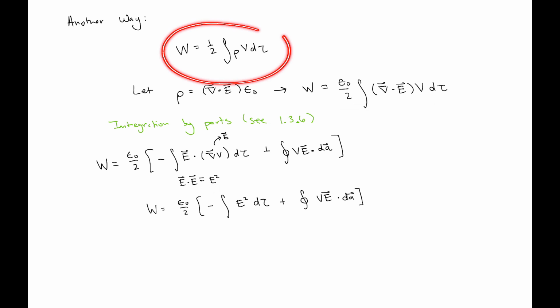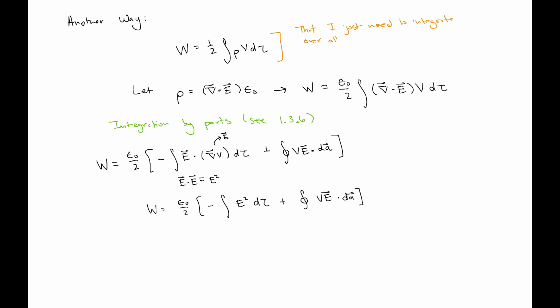If I look up here, it's important to note that I just need to integrate over all of the charge. I can't miss any of the charge to calculate the work to assemble.